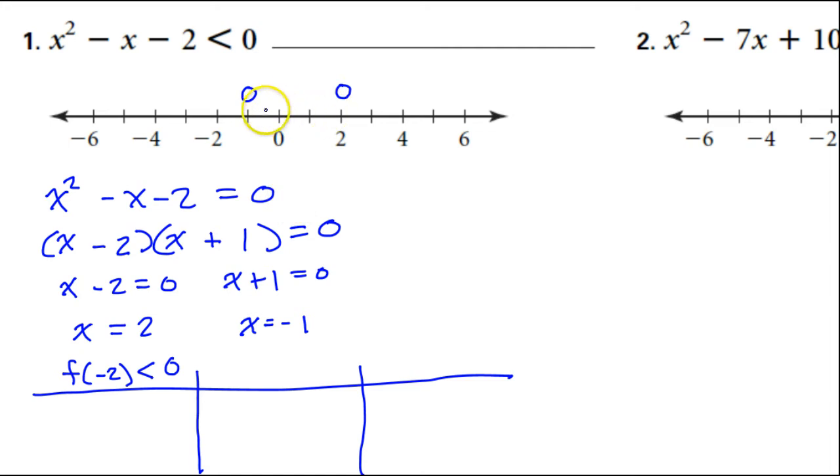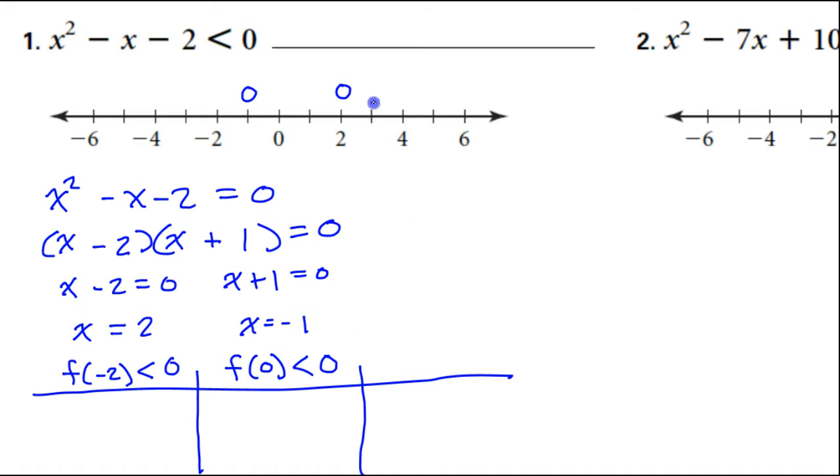We also want to pick a value between negative 1 and 2. So for example, we could investigate the value of the function at 0, because that's a value between negative 1 and 2. And again, we want to find out if that is less than 0, all right, because that would be a solution to this inequality.